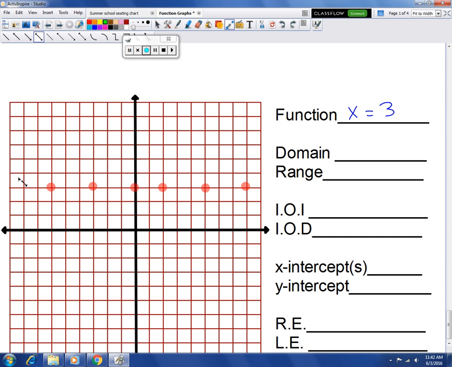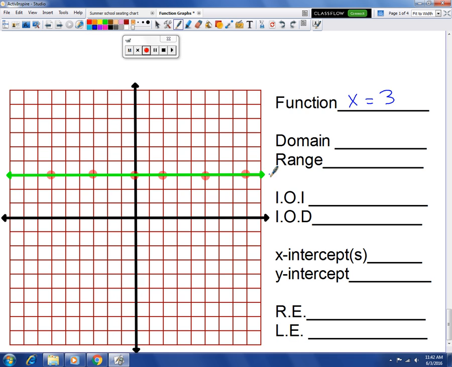Okay? This is not what I want you to graph. So hold on. This is y equals 3. This says x equals 3.